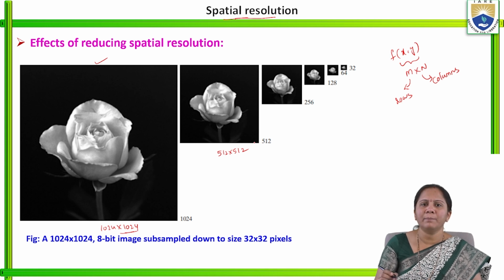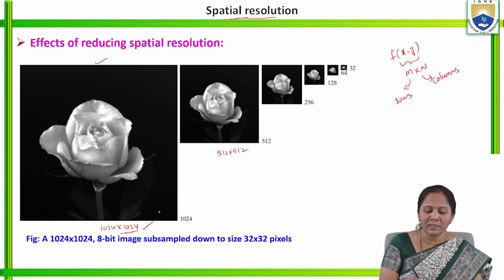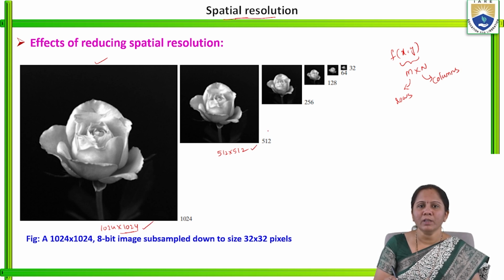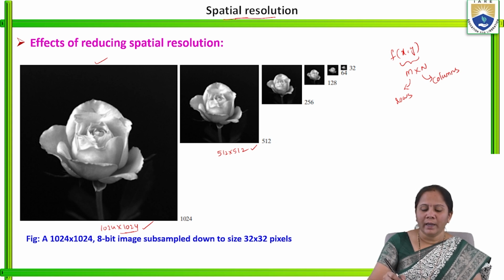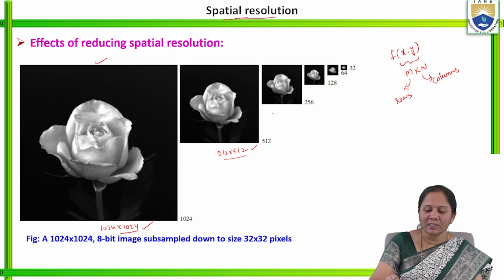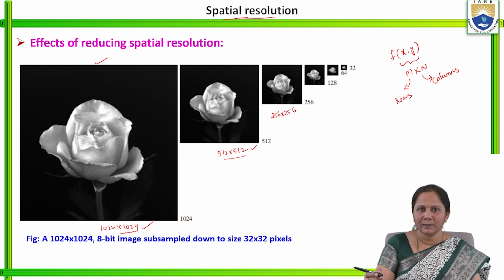By deleting some rows and some columns, this particular image has been downsampled to the 512 by 512 size. And by deleting some more rows and columns of this 512 by 512 image, we get the next downsampled image, whose size is 256 by 256.